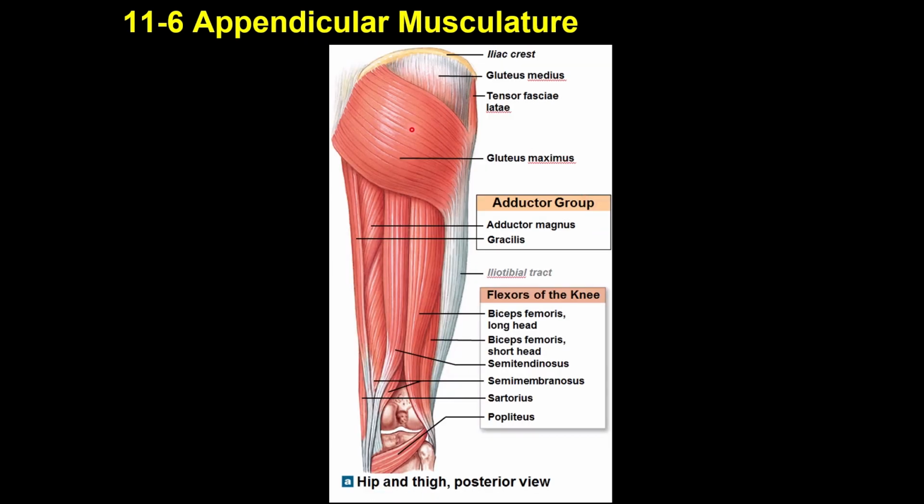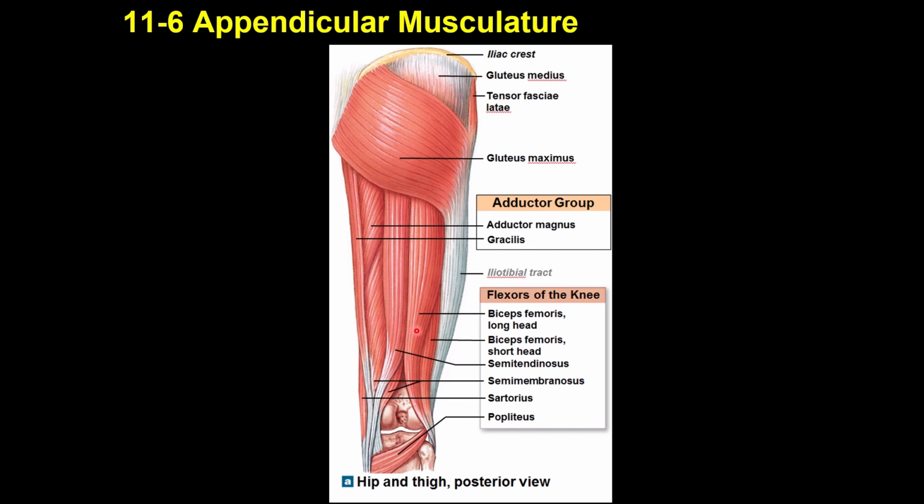From the back, you can see gluteus maximus and medius, but these muscles are called hamstring muscles. Okay, you also see a couple of adductor muscles. So the hamstring muscles, this is the biceps femoris, the two heads of biceps femoris, and this is called semitendinosus, and this is called semimembranosus muscles.